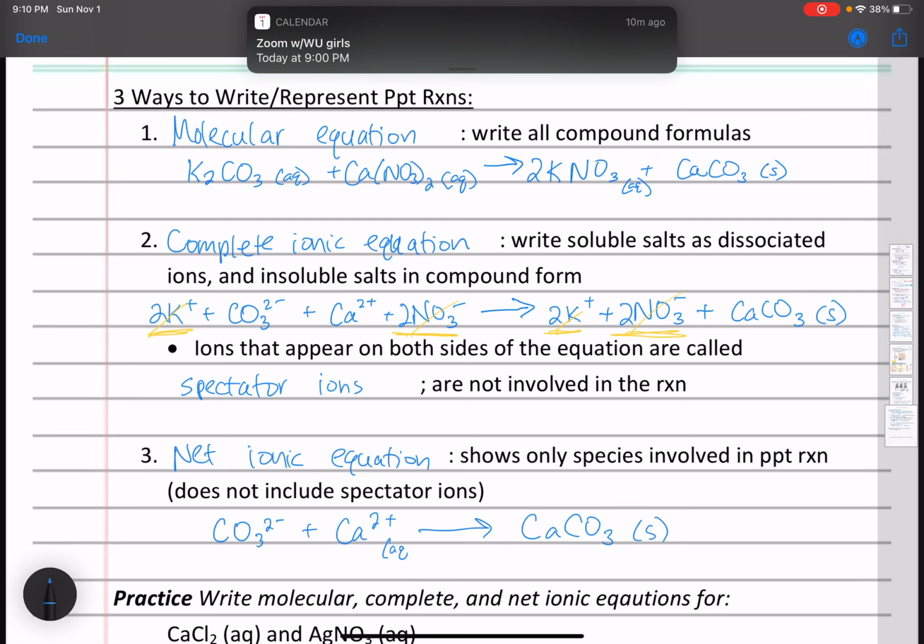And here I will indicate that each of these are aqueous. I didn't do that in the complete ionic equation just because it takes up too much room, but certainly include them for the net ionic equations.